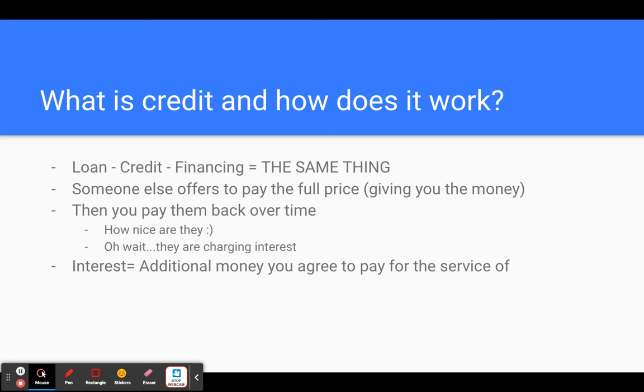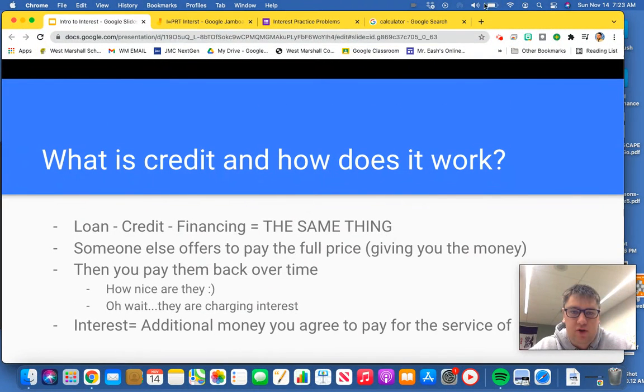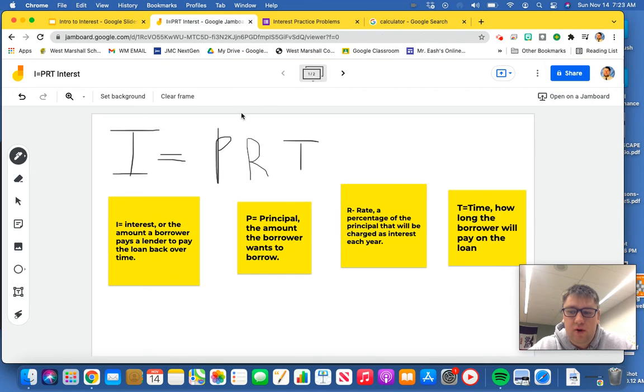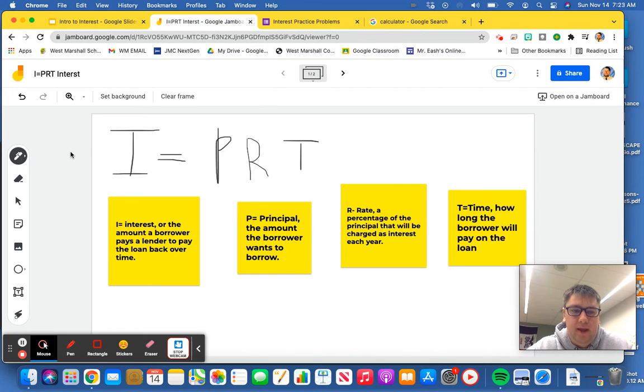All right, we'll walk through an example here. Okay, we'll go over here to this Jamboard. And we'll actually go back here. So our formula for this is I equals interest equals, so that to figure out the interest, we will take the principal times the rate times time.